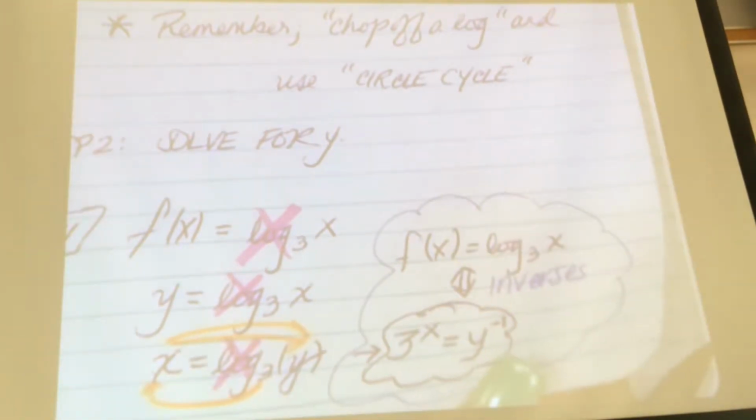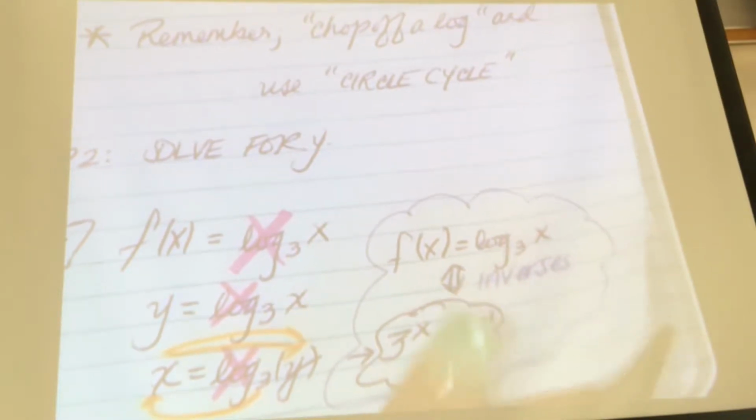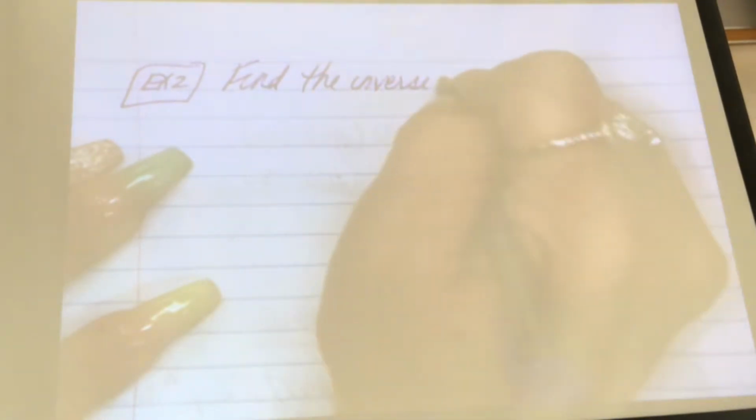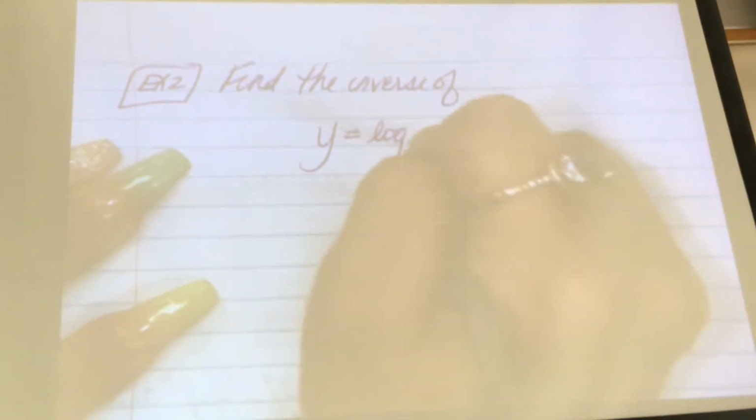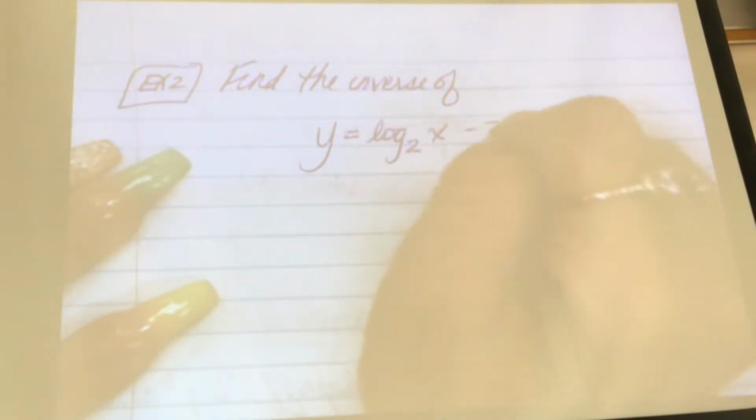So let's do a couple more. I think you'll feel better after we do a couple more. Example 2. Let's say we want to find the inverse of y equals log base 2 of x minus 3.